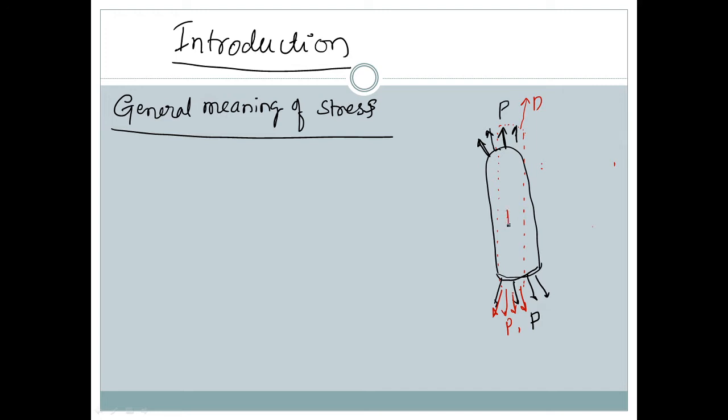So it tries to resist in the opposite direction. Okay. Suppose, for analysis purposes and for imagination, I'll just go and cut this bar. Okay. Now let us look over.